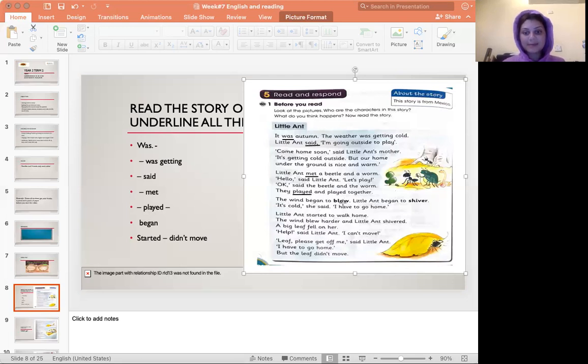The wind began to blow, and the ant began to shiver. It's cold, she said. I have to go home. Little Ant started to walk home. The wind blew harder and Little Ant shivered.